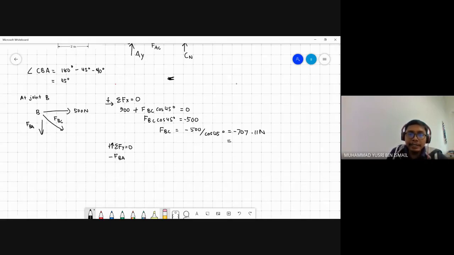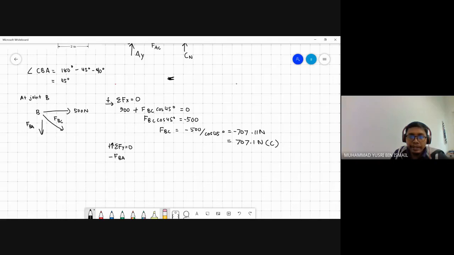Since my answer is negative, I write it again, 707.1 Newton. This is based on my assumption of tension, but actually it is in compression. Why? Because the negative tells me the answer is in the opposite direction.